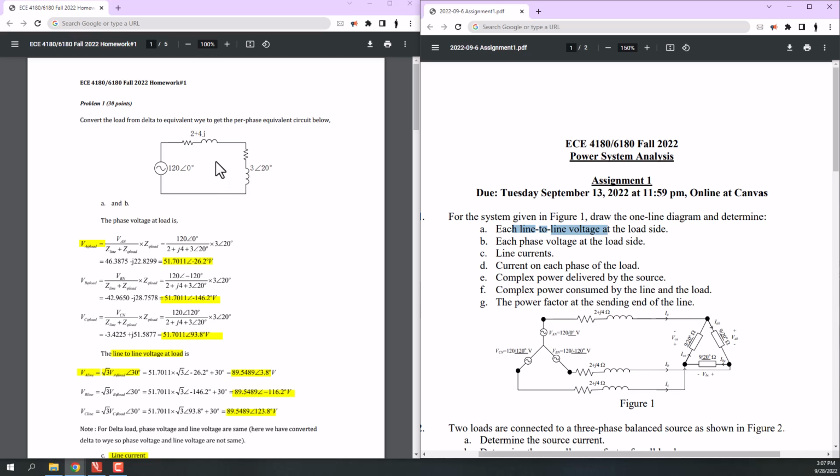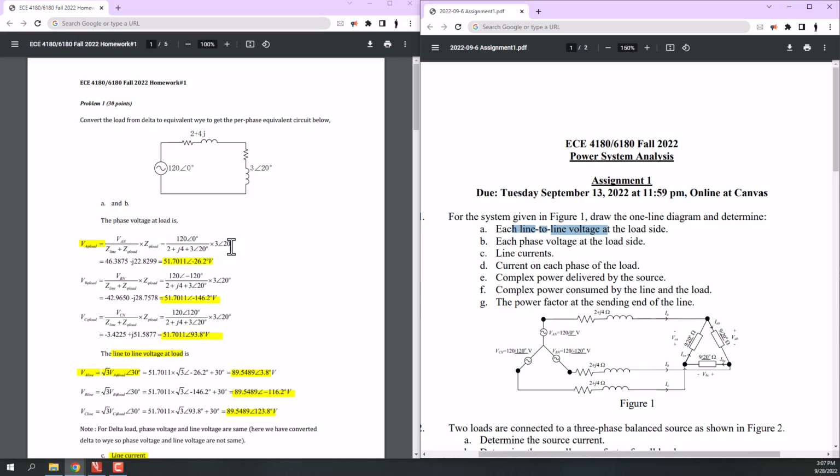So we can use a simple voltage division here. For this sake, we can write the total voltage or the voltage from the source multiplied by the load impedance divided by the summation of all the impedances in the circuit, which is 2 plus j2 and 3 with the angle of 20 degrees.